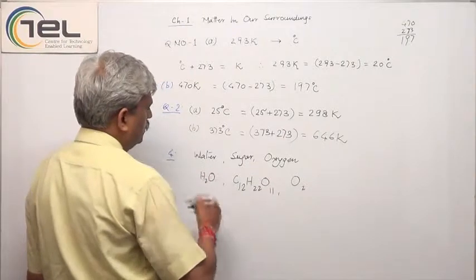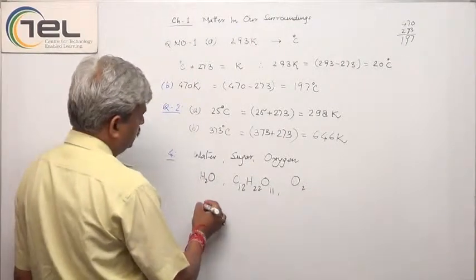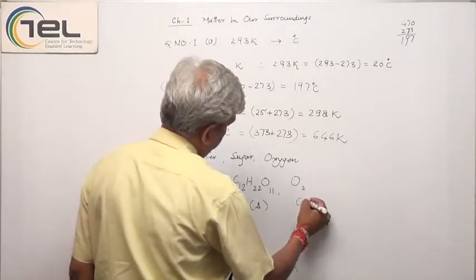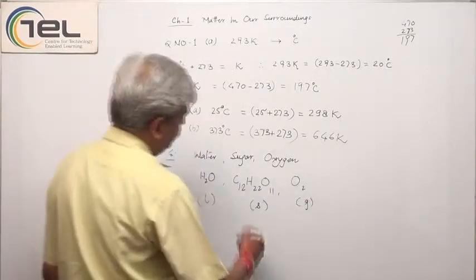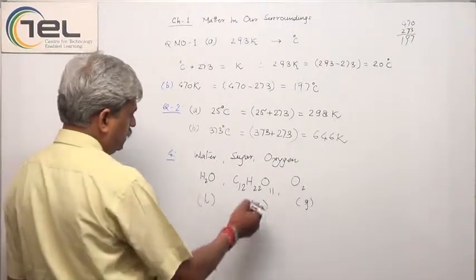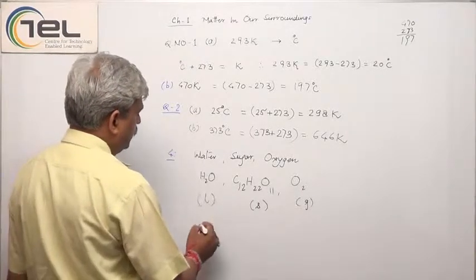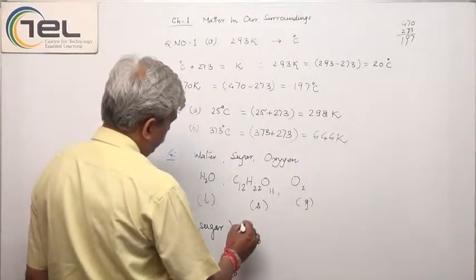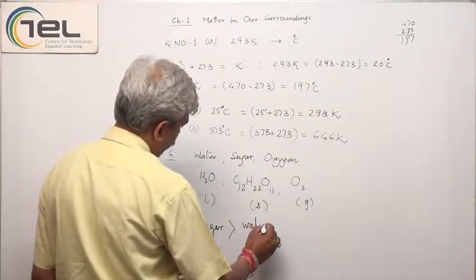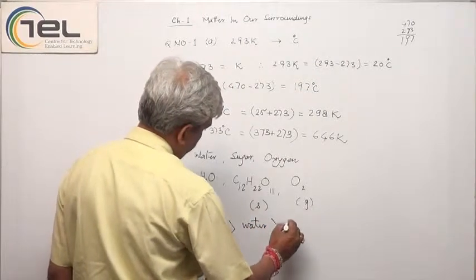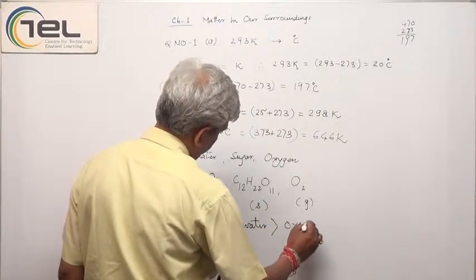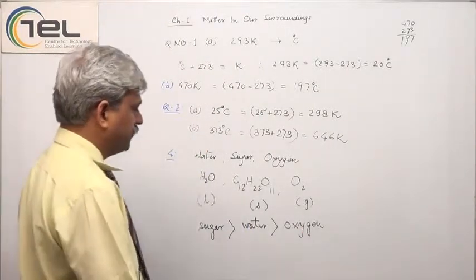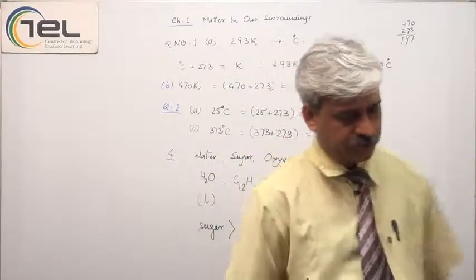And one thing more: this is liquid, this is solid and this is gas. So in the solids, the intermolecular forces of attraction will be greater and therefore the order will be sugar greater than water greater than oxygen. So this is the order of intermolecular force of attraction.